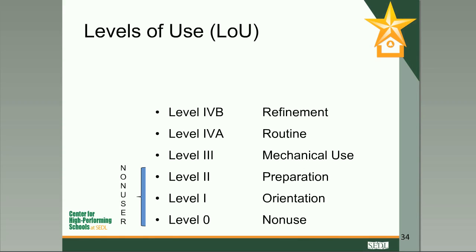So at the refinement area, one of the things that someone is doing is they've gone beyond routine, and they're now coming up with ways of refining the processes that they've been using, refining that new program or new process that they've engaged in.